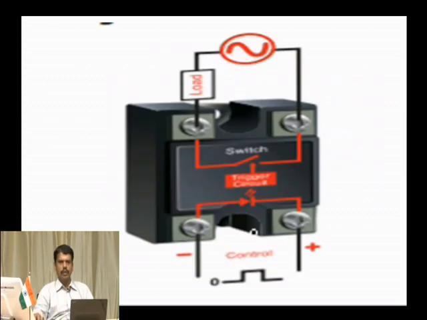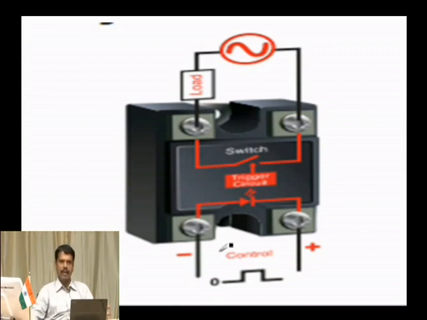So we are looking at a solid state relay. This control signal is fed to a photocoupler, again an LED. So we can use this to switch on and off. Switching on and off means the load is connected to the supply, or the load is disconnected from the supply. So this is a simple way of showing a solid state relay.